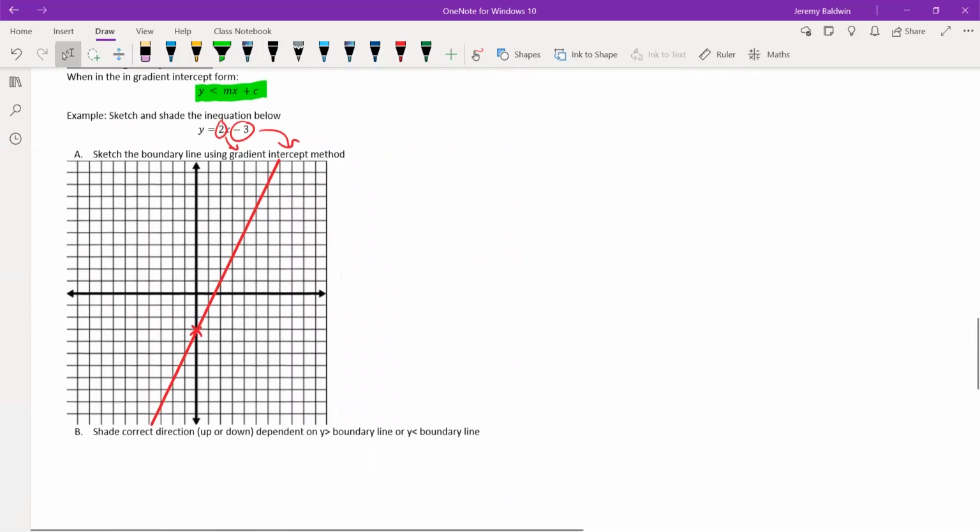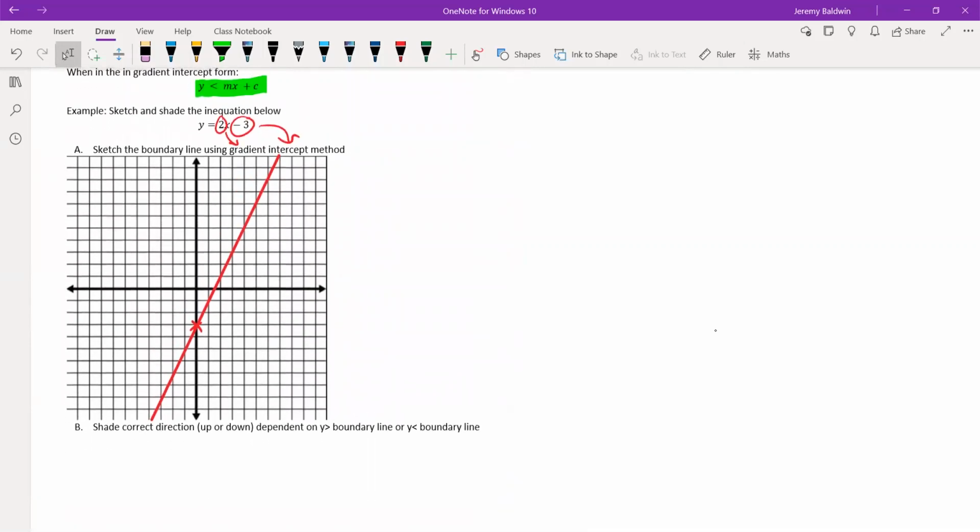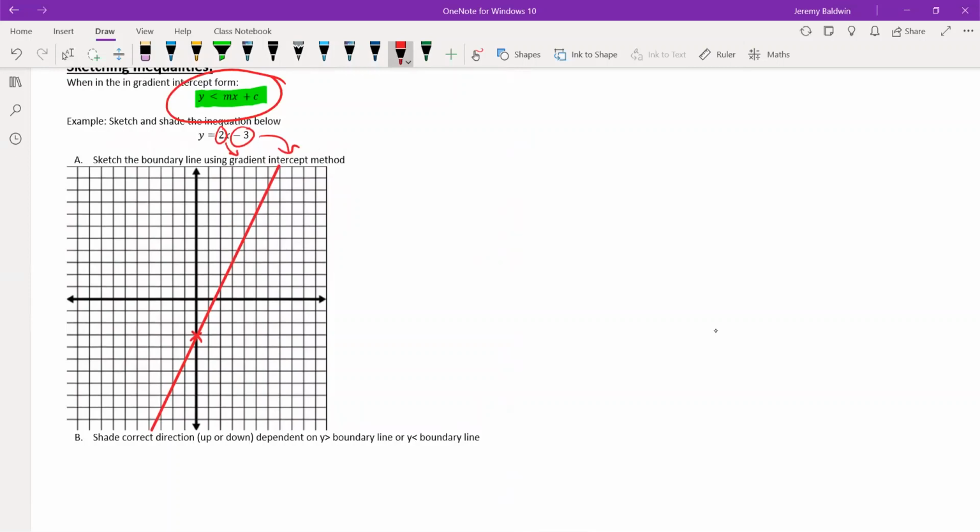Now what we're going to do is shade it. I think this is the easiest format to use personally, because all you've got to do is look at the symbol. Say we're sketching y is less than 2x minus 3. Then we're going to shade all the y values below the boundary line.